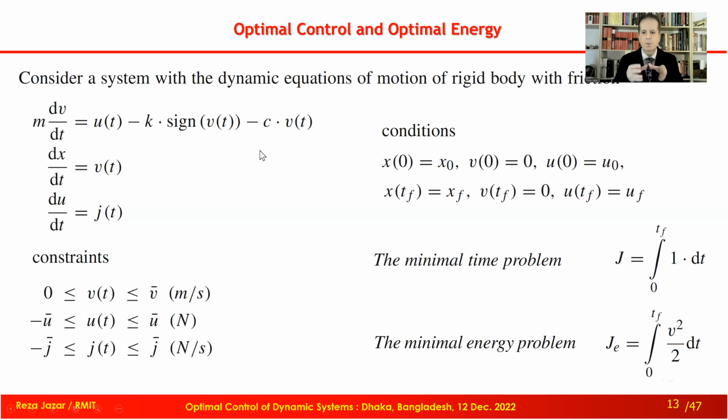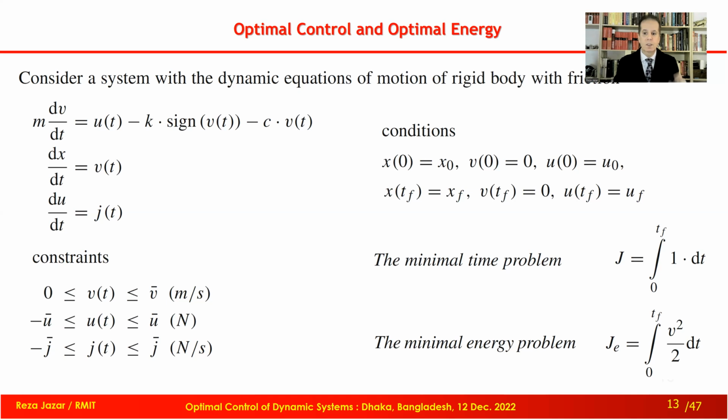We wish this mass to move from some point to the other point time optimally or energy optimally. Now, there are some constraints. Whenever we are talking about an optimal control problem, constraints come. Let me give you an example. Let's assume that a mass is supposed to move from 0 to 1 meter in minimum time, and we are applying a force.